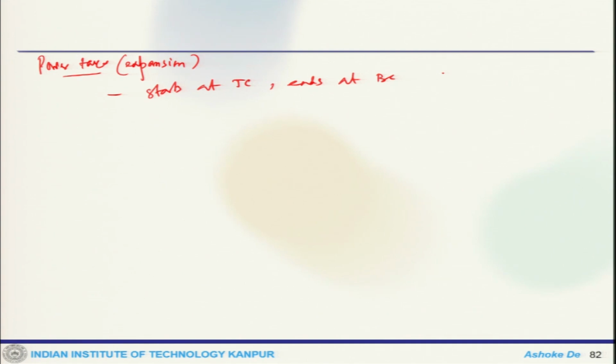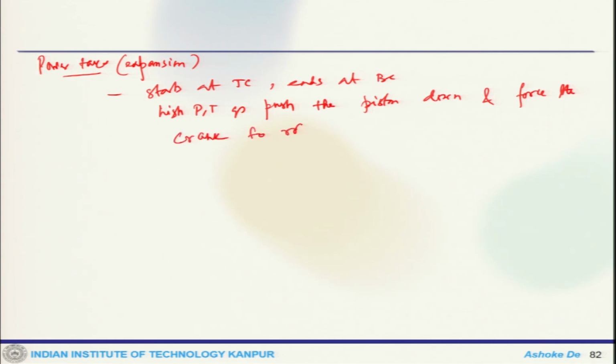Now, since the combustion got initiated inside the cylinder, you have high pressure, high temperature gas, which pushes the piston down and forces the crank to rotate. One can think of around 5 times as much work being done on the piston during the power stroke as the piston had to do during compression.